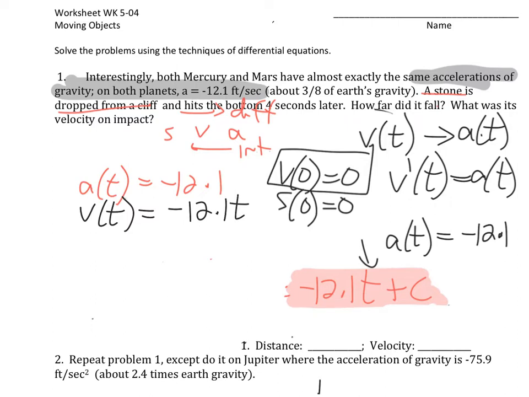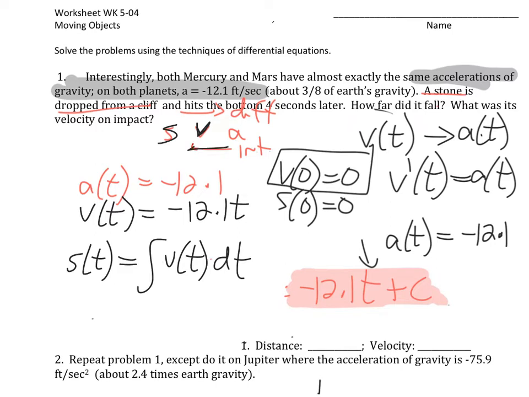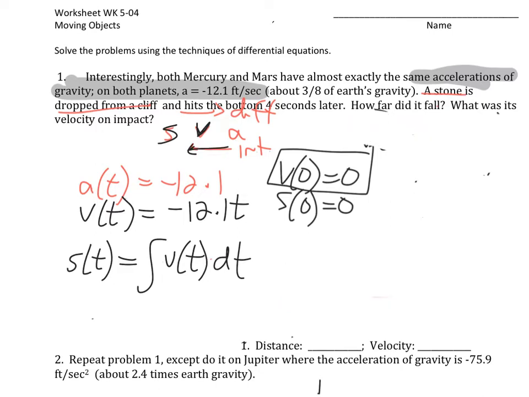Now we want to find the position function, s of t. What we're going to do is integrate the velocity. Because we're going from the velocity to the position function, we're going to the left, so we're integrating. So the position function, s of t, equals the integral of the velocity, which is negative 12.1 t dt.